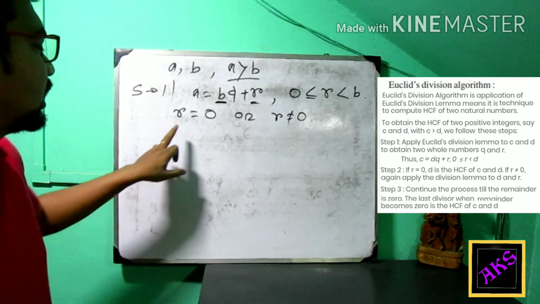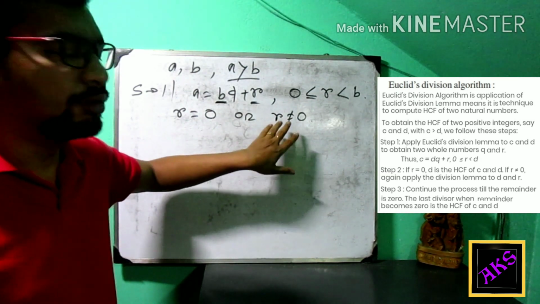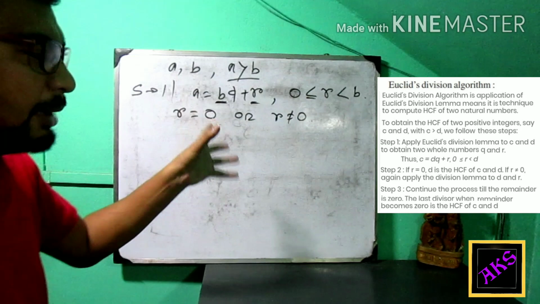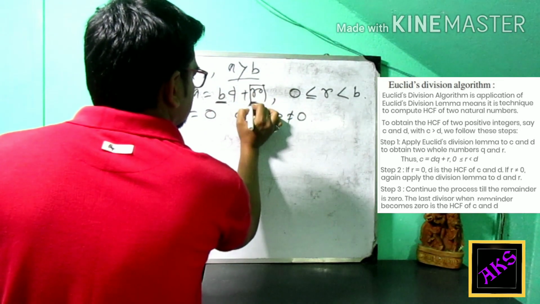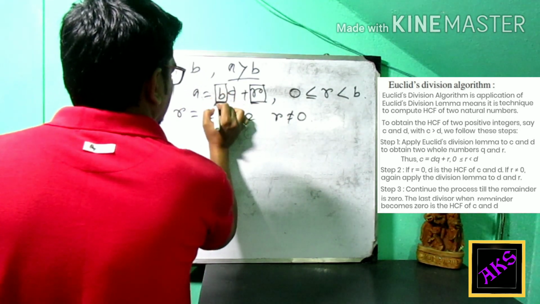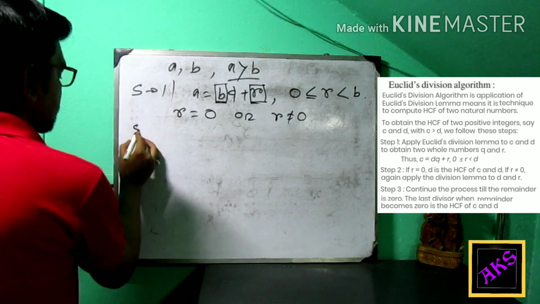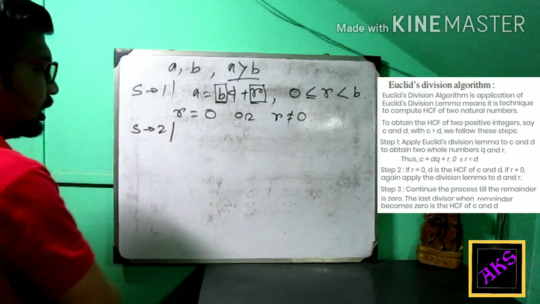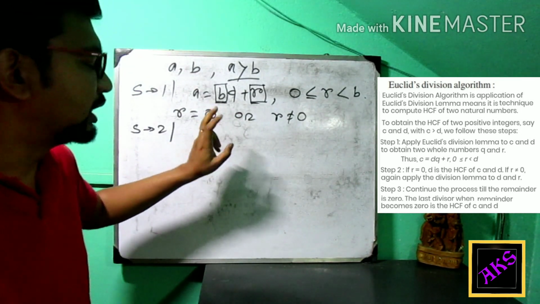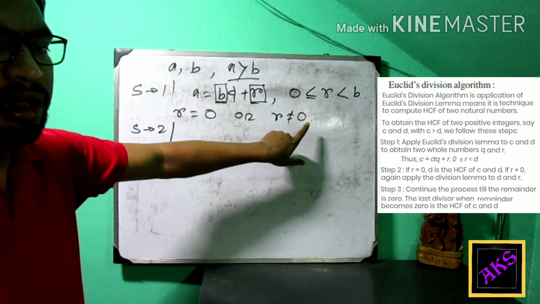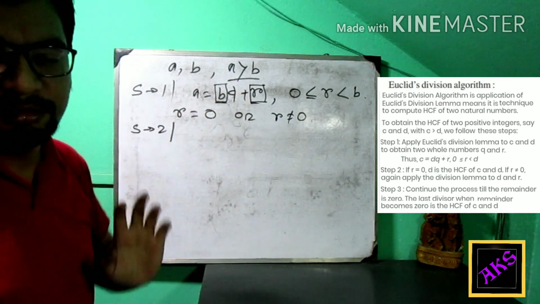Now, what happens if r not equal to 0? If r not equal to 0, we will continue the same process, but this time with b and r. So our step 2 is, if r equal to 0, then b will be our HCF. But if r not equal to 0, then we will repeat the process with b and r.